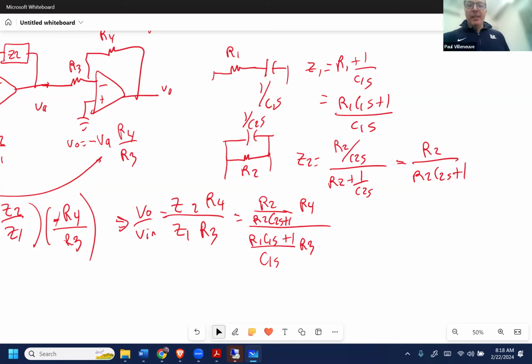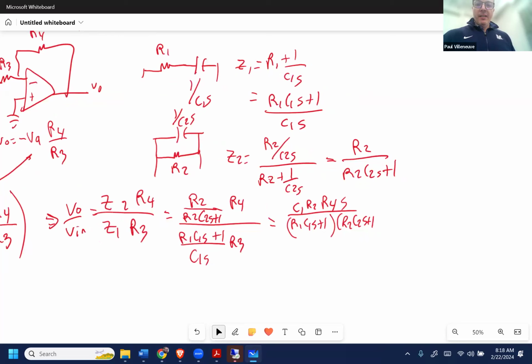Now I invert and multiply. So I have C1 R2 R4 S all over R1 C1 S plus 1 times R2 C2 S plus 1. That's it. That's as far as you needed to go.